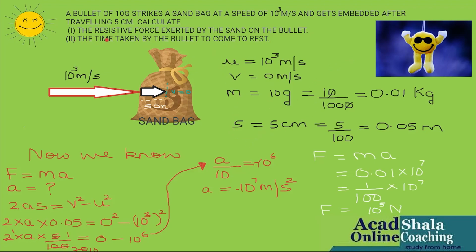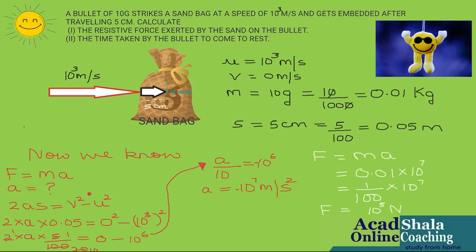Now my numerical says, calculate the resistive force exerted by the sand on the bullet. Now it strikes in my mind the formula for the force, that is F is equal to ma. To my surprise, oh my god, acceleration I don't have. No worries, I can take out the acceleration with the help of these values over here.